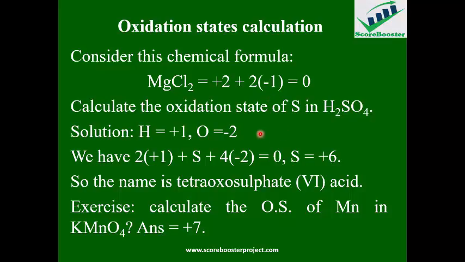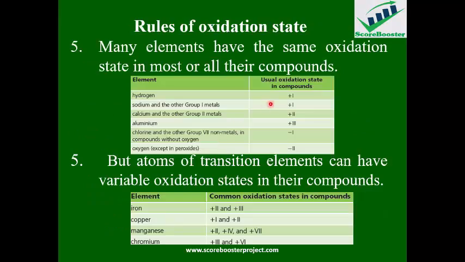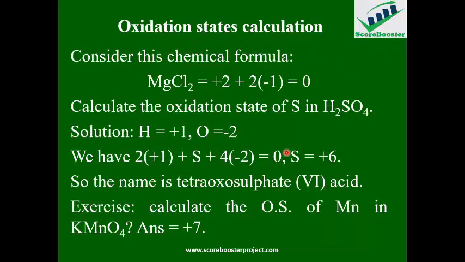Having proved that rule number 4 is correct, we now apply it to solve our problem here. Calculate the oxidation state of sulfur in H2SO4. Our hydrogen is +1. Our oxygen is usually -2, except in peroxides, where it is -1. So our oxygen is -2. Let us put them here.